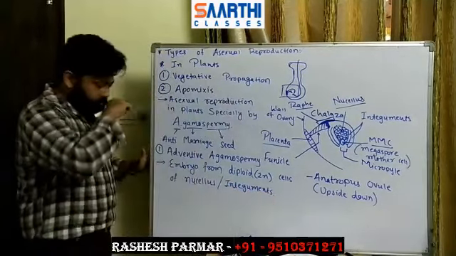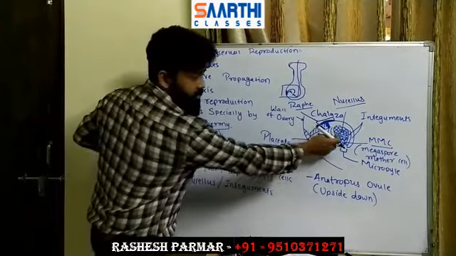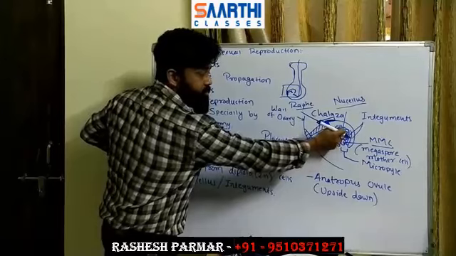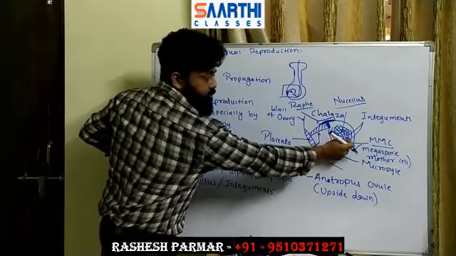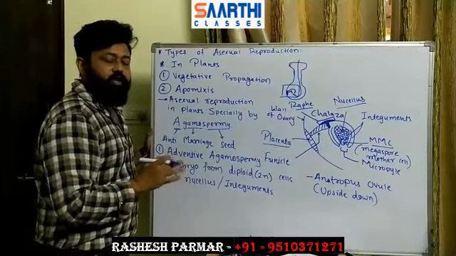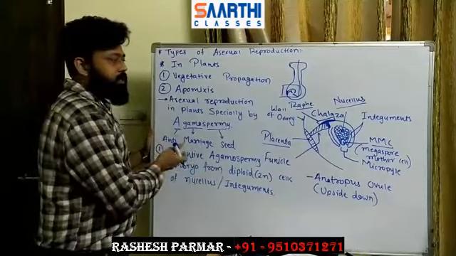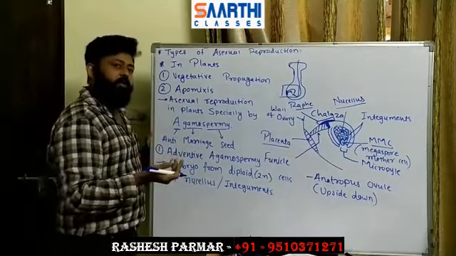Diploid means 2N. So here no fusion or fertilization is happening. Without fertilization, these embryos or seeds are formed.